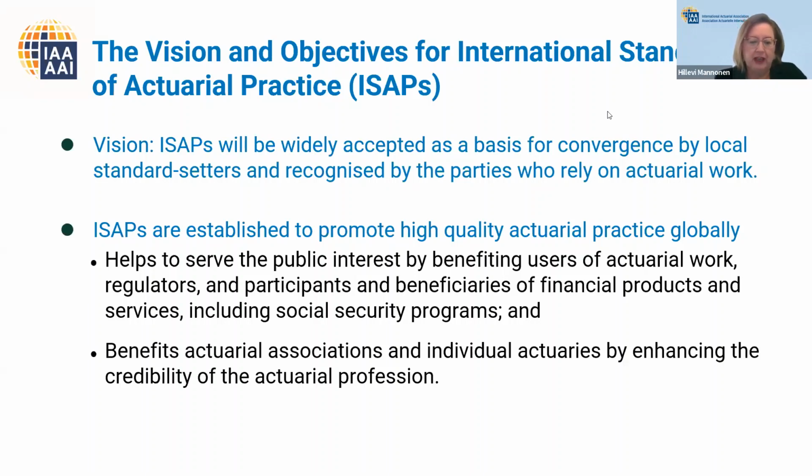At the time, we could see and we had seen that the regulation, especially in financial reporting and solvency regulation, was becoming and had become more international. A common and consistent response by the global actuarial profession was needed.